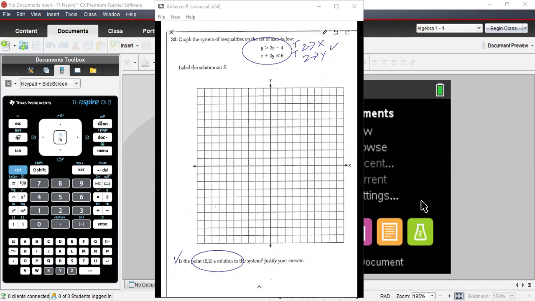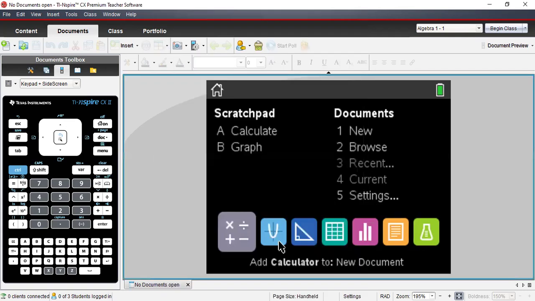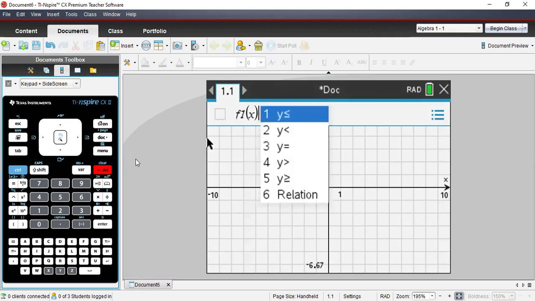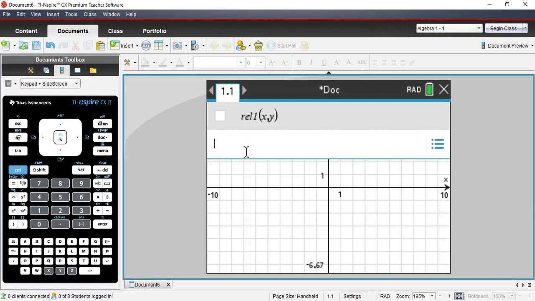So the very first thing we're going to do is grab our graphing calculator. Now, we can't graph these as functions, we're going to graph them as inequalities. So the way we do that is you can delete the equal sign, go to option 6, and then you're just going to type in the inequality, 3x minus 4, press enter.